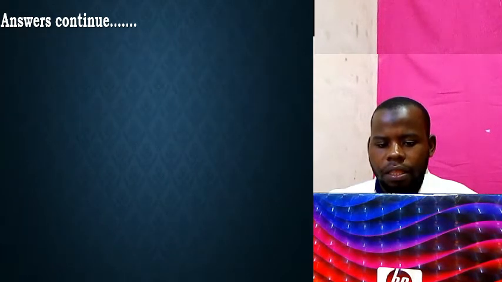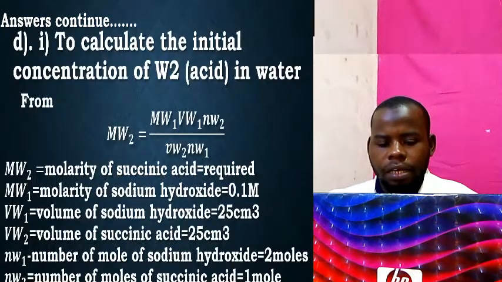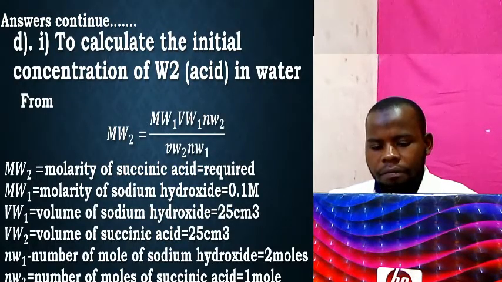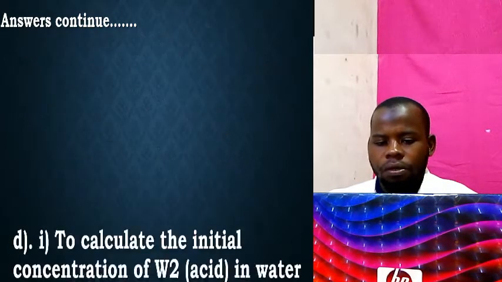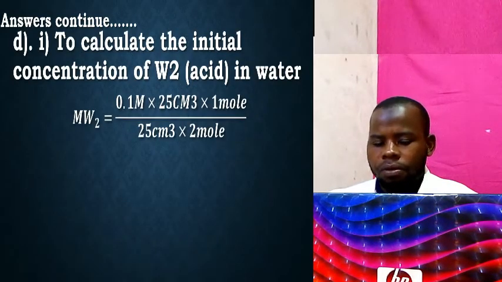Because the data was that the volume of W1 with sodium hydroxide after titration was 25, and the volume of the pipette was 25.